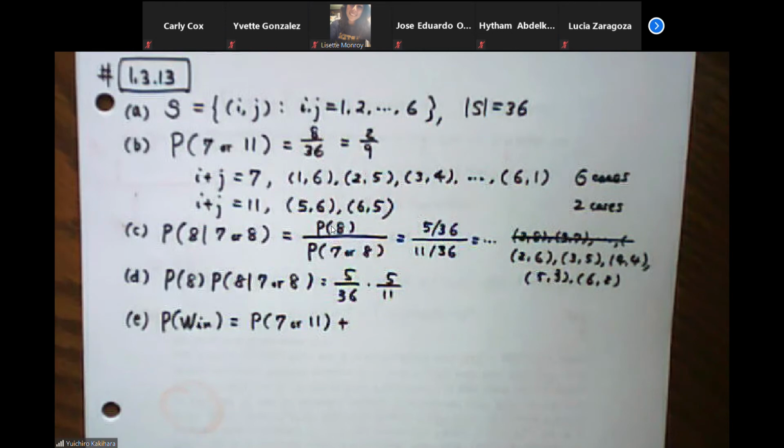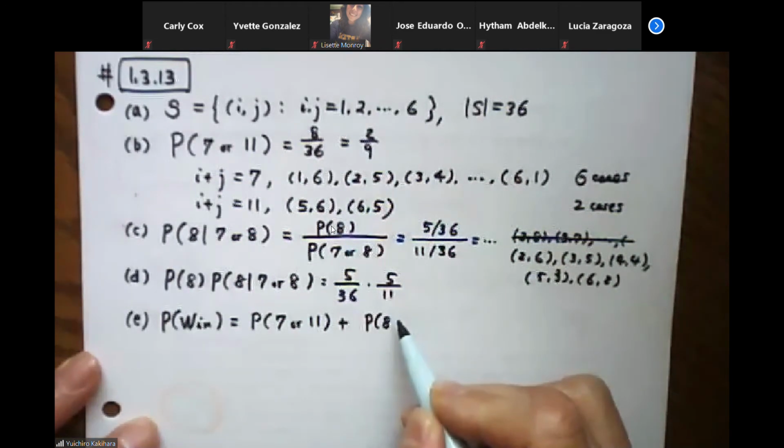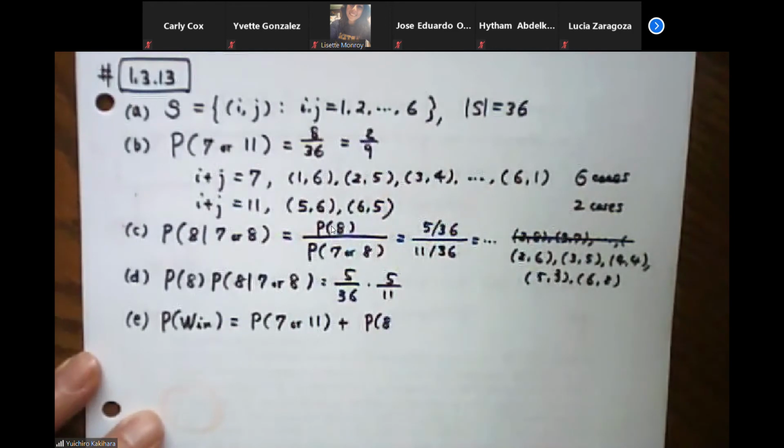Other cases: first one is 8, and then second one is 7 or 8.